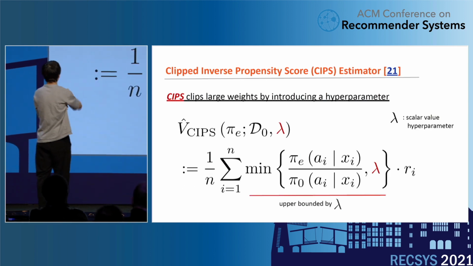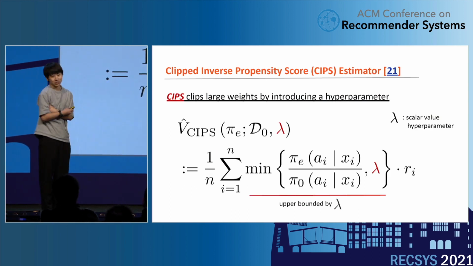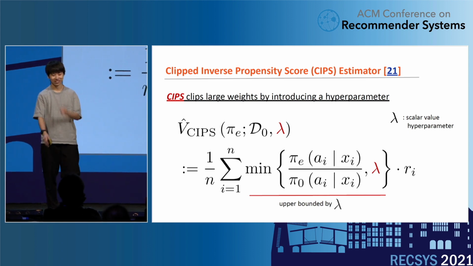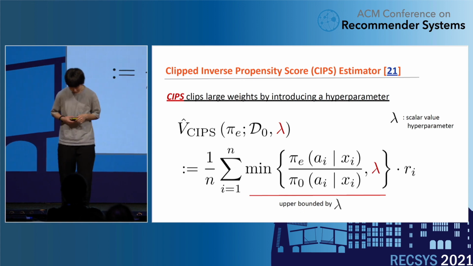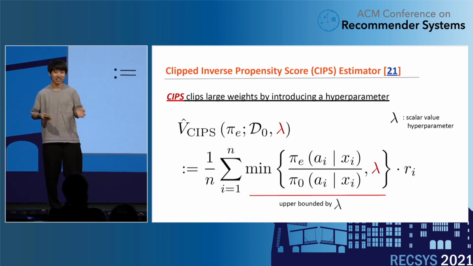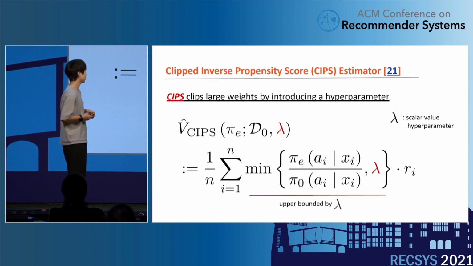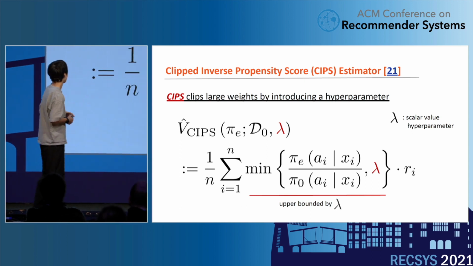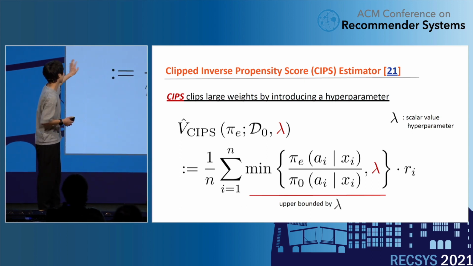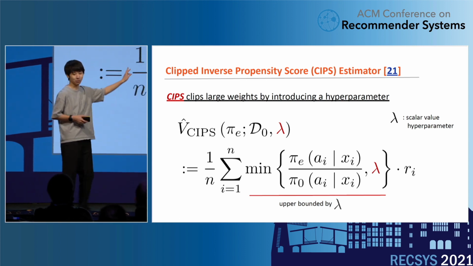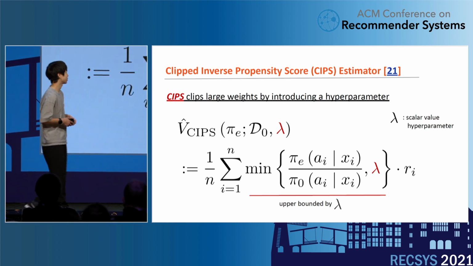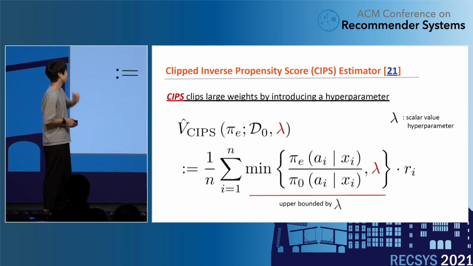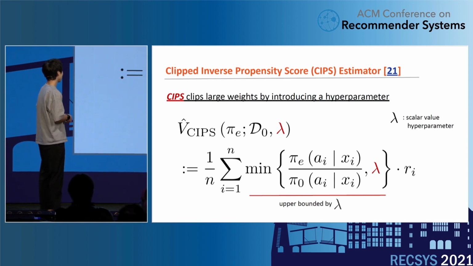The first estimator I want to introduce here is the ClipIPS estimator. I think it's a very popular estimator, especially for practitioners, because it is very easy to understand and implement. What it does is just clipping. It cuts off the large importance weights by introducing a scalar hyperparameter lambda, which is going to be something like 10, 100, or 1,000, a fairly large value.